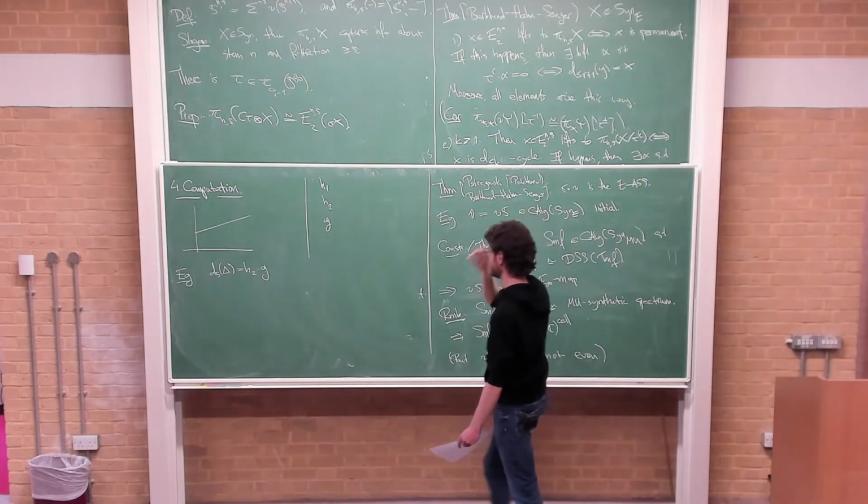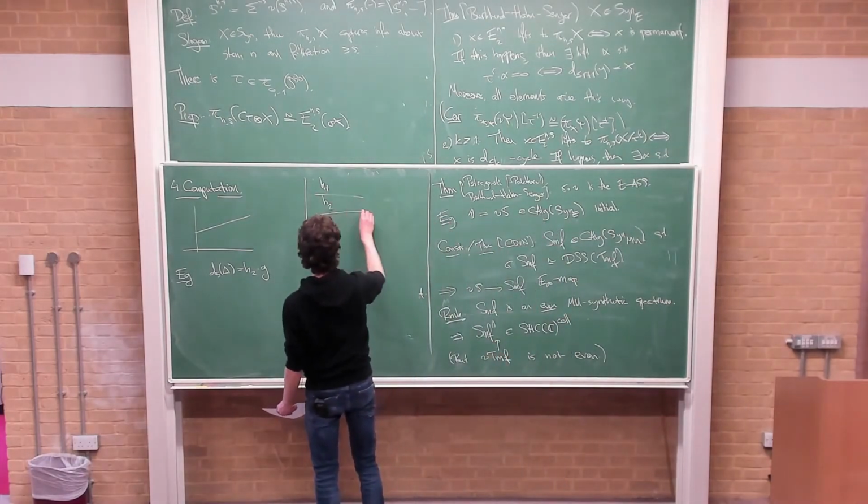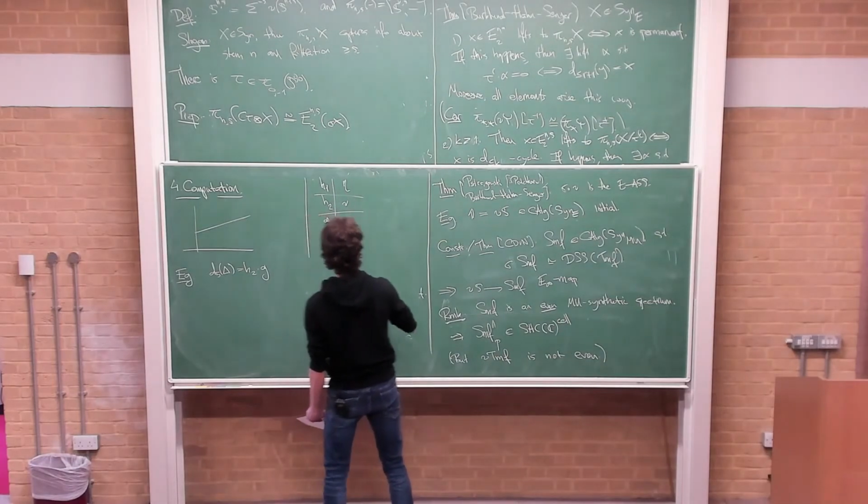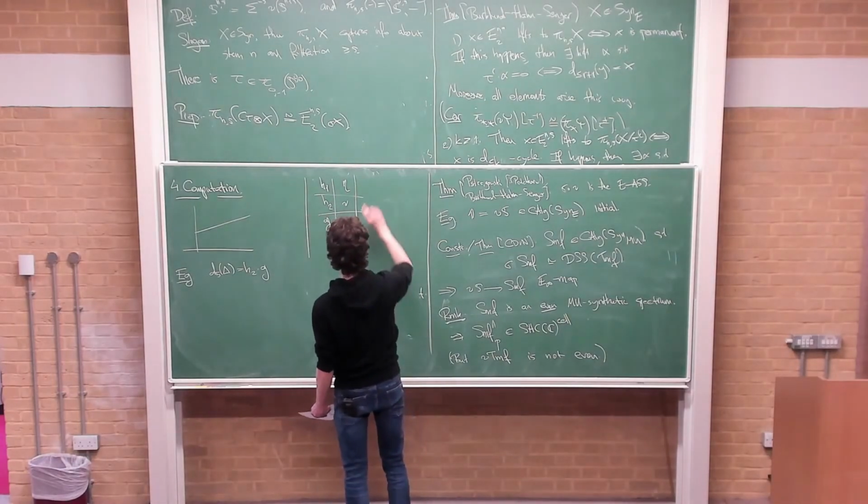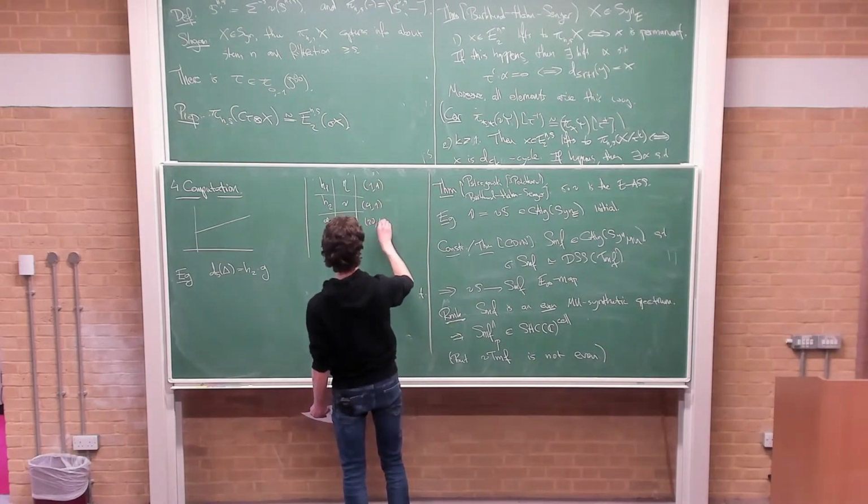And these are going to be my E2 names for the elements eta, nu, and kappa bar. And the stem and filtration is going to be 1, 1, 4, 1.